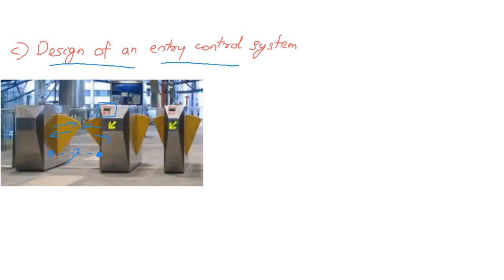So these are the actions performed by this machine. So we can define a DFA for designing this entry control system. Let's analyze what is happening here: which are all the states, which are all the transitions, and then we can design a DFA for this system.